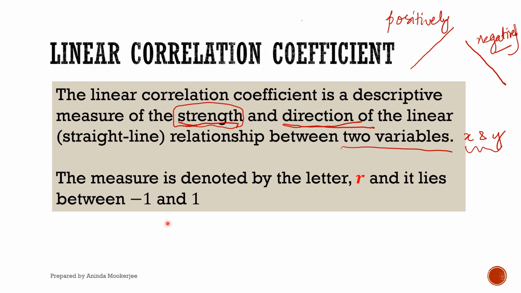All right. So you will note that whether R is a negative value or a positive value kind of relates to the value of a slope. We said that if a slope is a negative value, then the line drops.